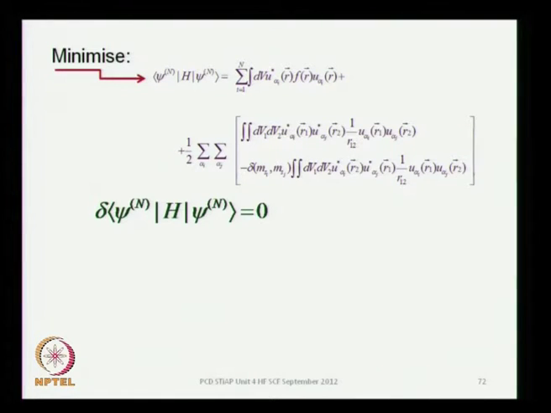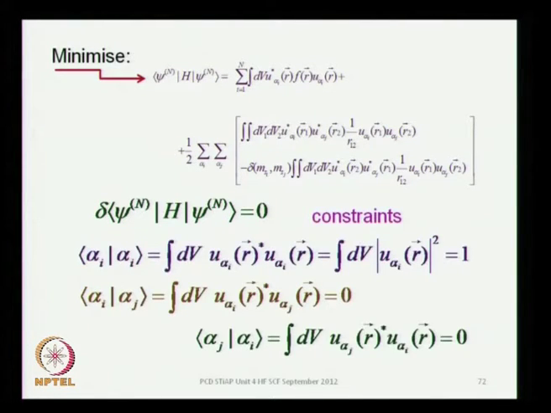Now, what we are going to do is to carry out a variation, minimize this. We want to get an extremum of this state subject to certain constraints. So, the variation in this expectation value of the Hamiltonian must vanish, that is the criterion of having an extremum, and then the constraints to work with are the normalization integral for each state and the orthogonality of each state, but mind you there are complex conjugates.